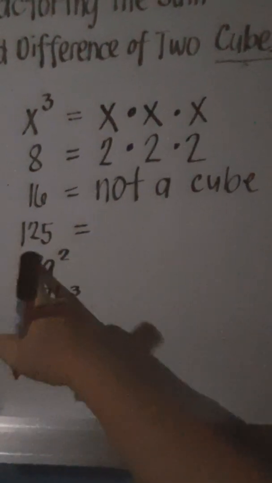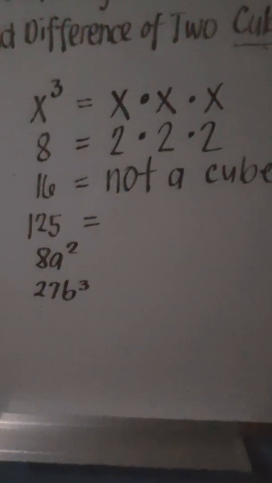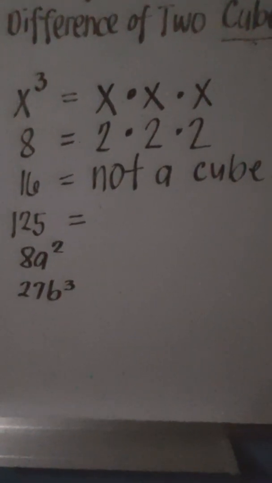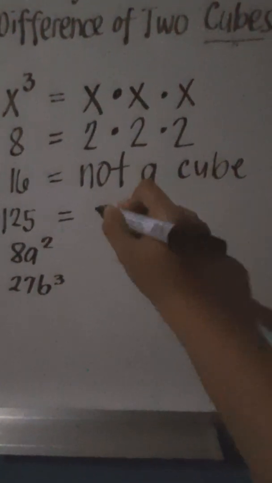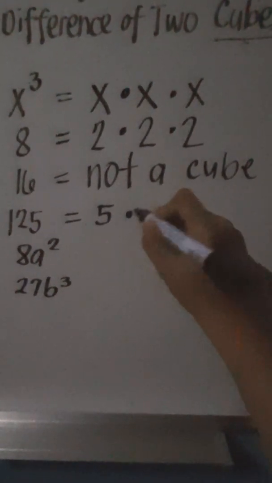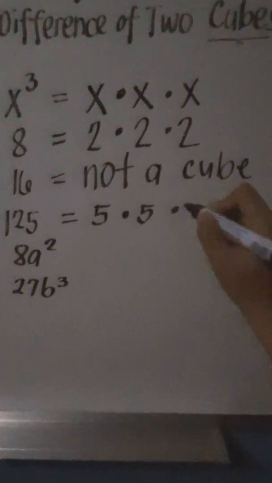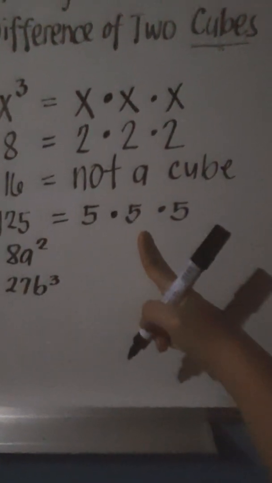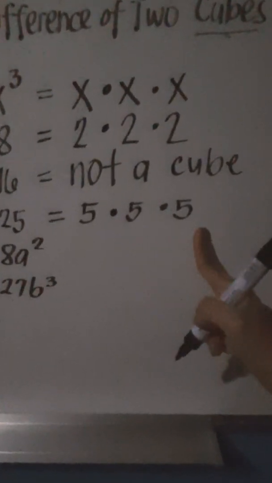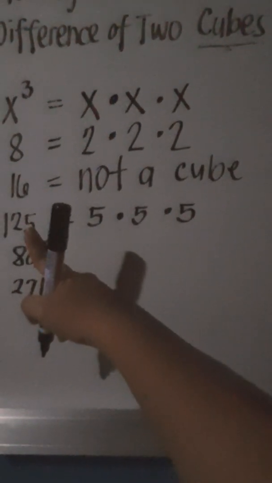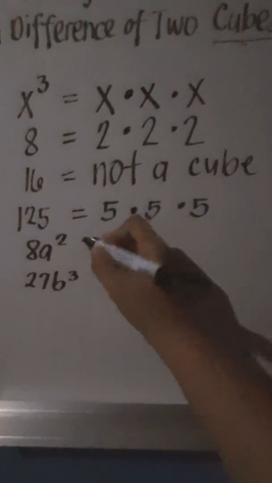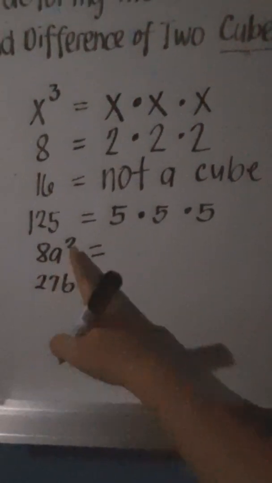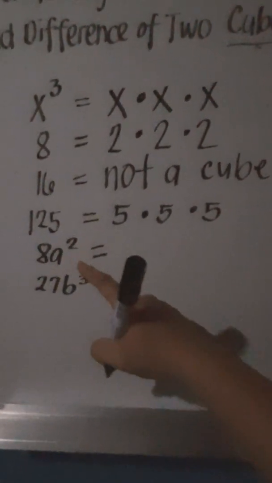How about 125? Is 125 a cube? The answer is yes, because we can multiply 5 to itself 3 times to get 125. 5 times 5 equals 25 times 5 equals 125. Another example, 8a squared. Is this a cube?